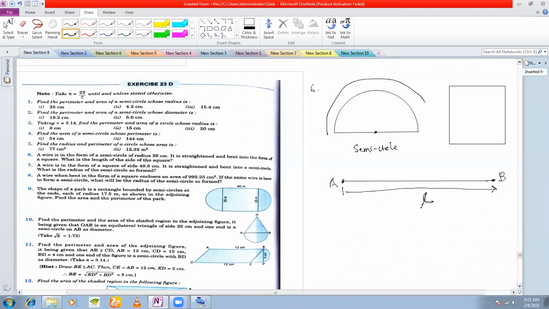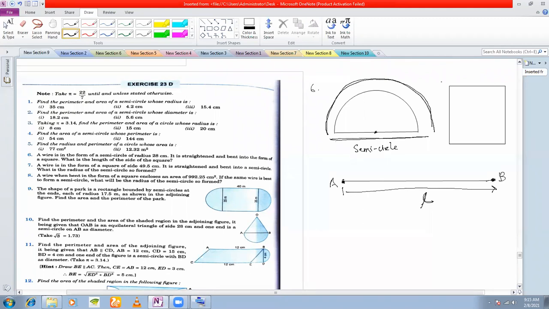That means this length plus this length must be equal to L. All of you agree? Anyone who does not agree? If the wire is of length L, and I'm making a semicircle out of the wire, that means the length of this curved part of the semicircle plus this diameter must be equal to the length of the wire L. That is, the perimeter of the semicircle must be equal to L.